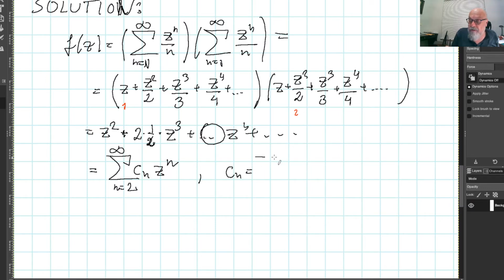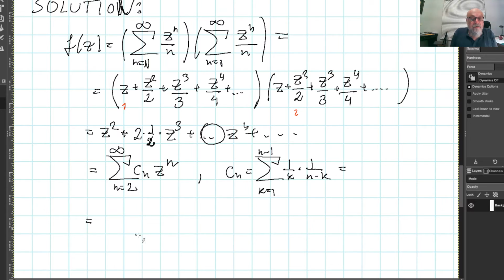This will be equal to the sum where k starts at 1, since k = 0 is not there, and goes to n minus 1, because you will find out that there is no k = 0 term, so there will be no correspondence, and then you have here 1 over k times 1 over n minus k. And then I look at this expression and say, okay, I can actually compute this particular sum.